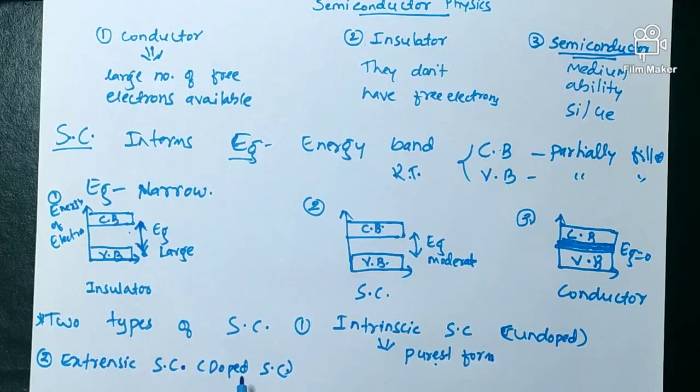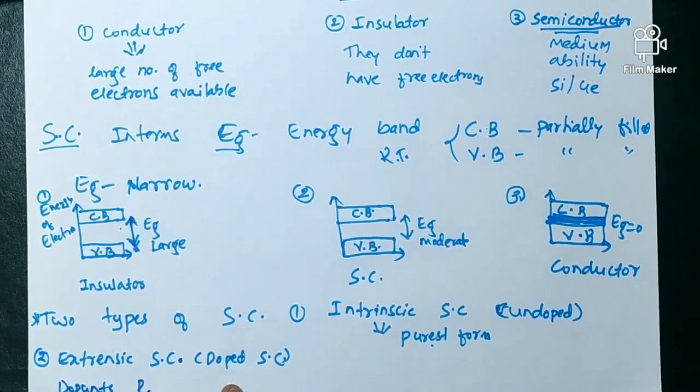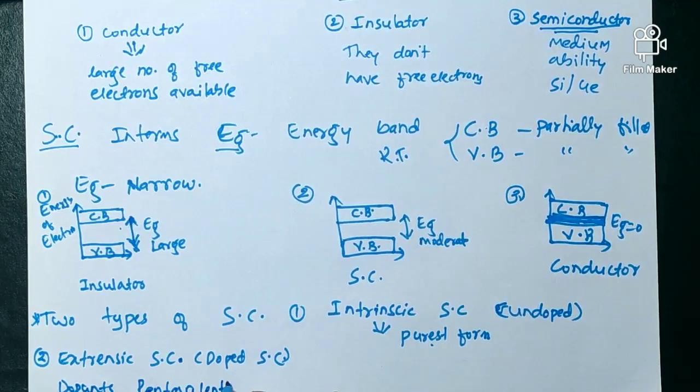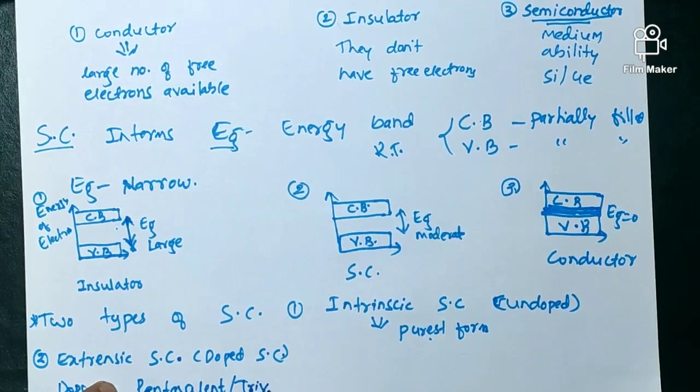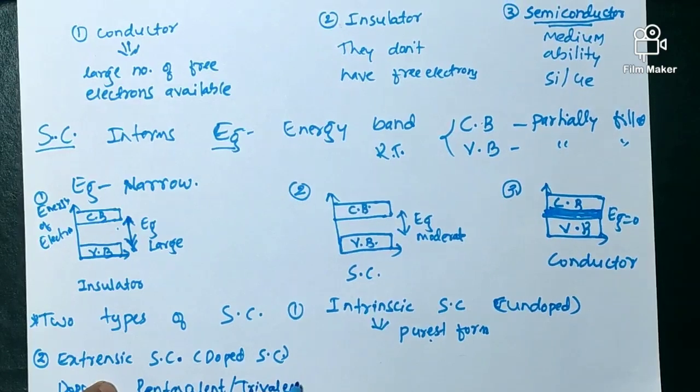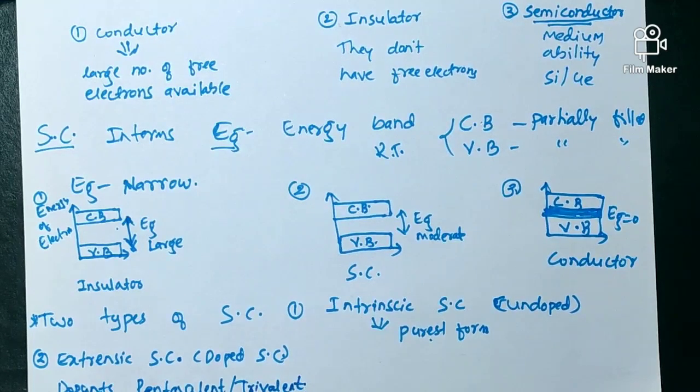There are two types of doping agents available: dopants may be pentavalent or trivalent. These are the impurities added to the semiconductor.